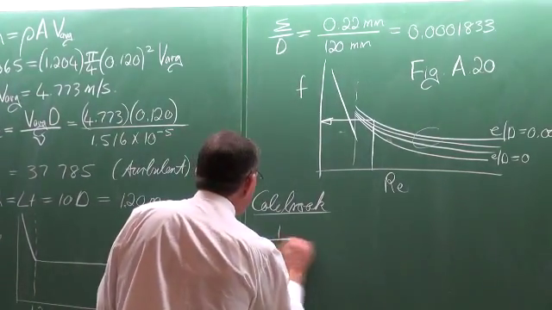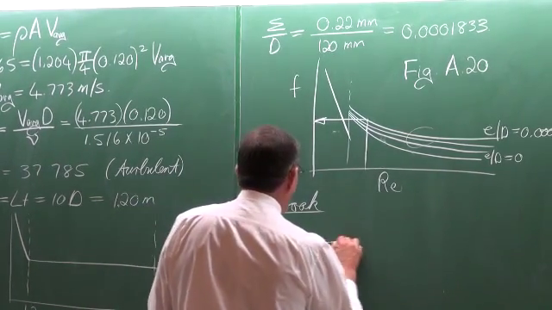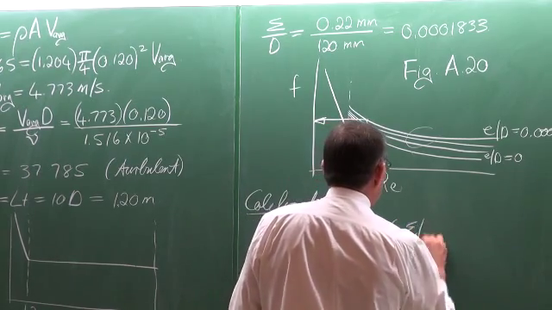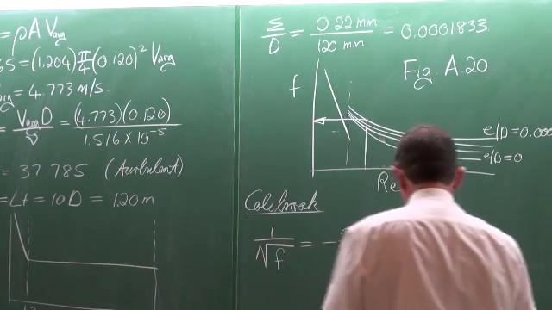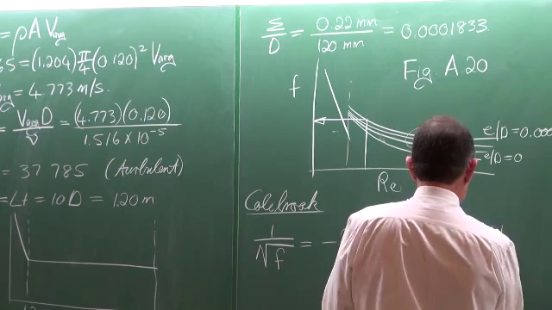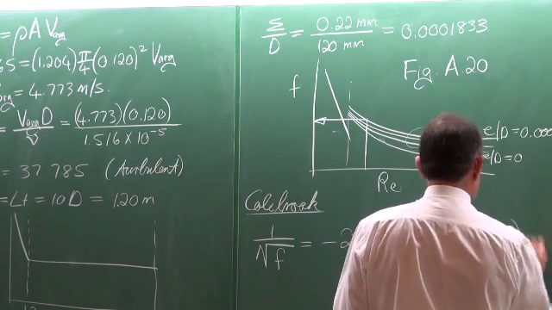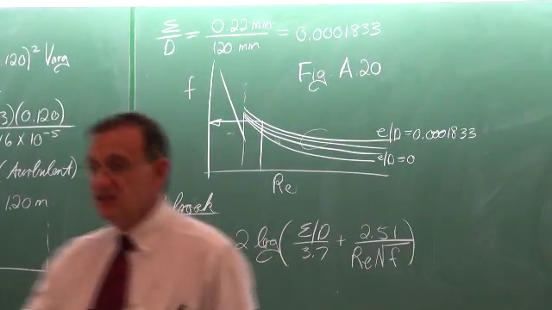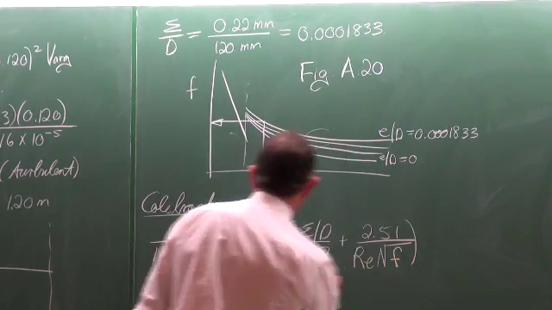The Colebrook equation gives us 1 divided by the square root of the friction factor is equal to minus 2 times the log of epsilon divided by d divided by 3.7 plus 2.51 divided by the Reynolds number multiplied by the square root of the friction factor. Okay. So what you will see is that we cannot solve for the friction factor explicitly.